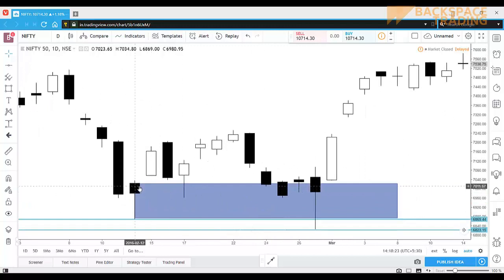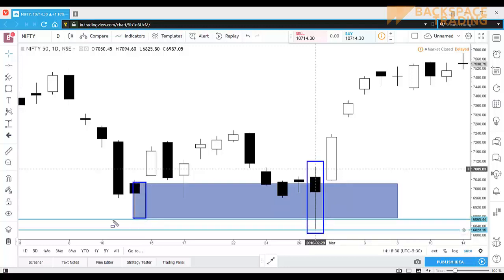This hammer is a support hereafter, which has two supports, and price came over here. This is also kind of a hammer, but not exactly a hammer. This hammer is supported by another hammer, supported by a major support. So this hammer has a higher probability than this hammer.